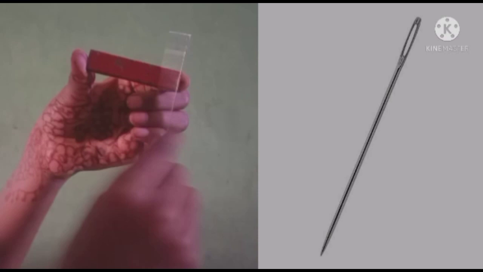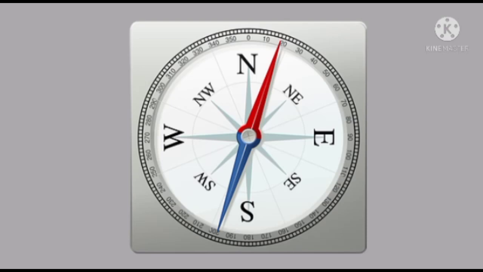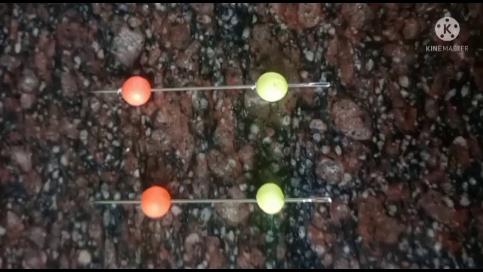After some time, the needle gets magnetized. So, the needle now acts like a magnet. With the help of a magnetic compass, we can identify the north and south poles of the needle.